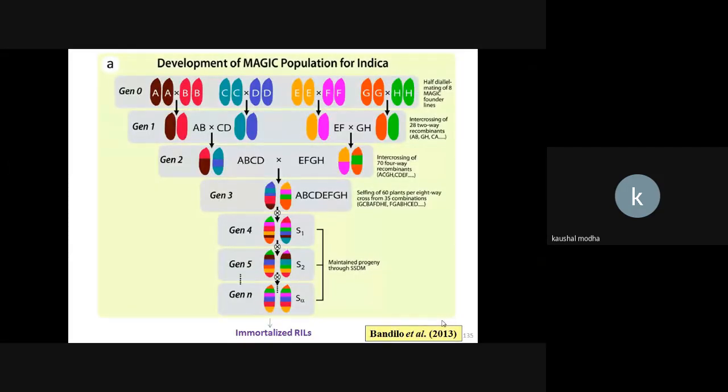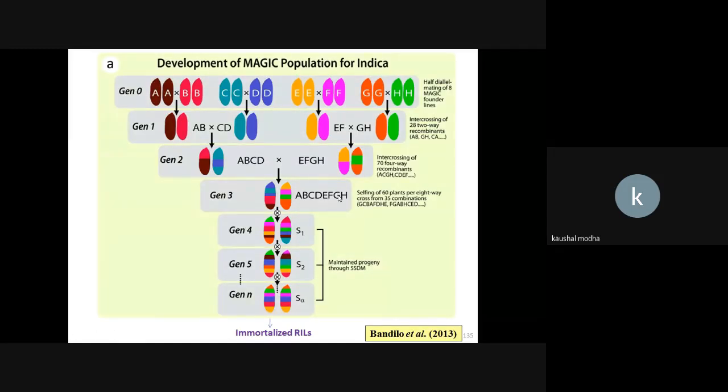So here the MAGIC population is developed by crossing these 8 genotypes in half diallel fashion. So we get 28 F1s. These 28 F1s are again crossed with each other. This would be the 4-way cross. And then finally the 4-way crosses were also intercrossed. So 8-way crosses were developed ultimately.